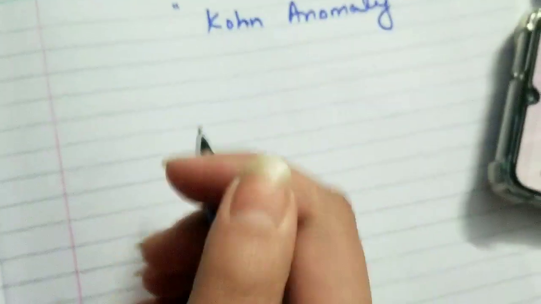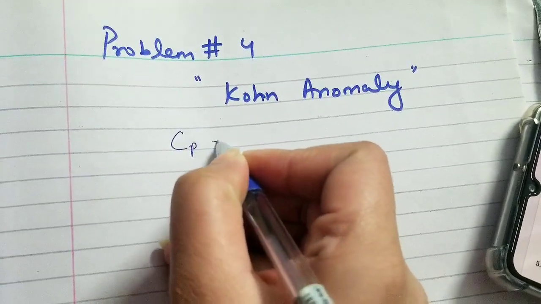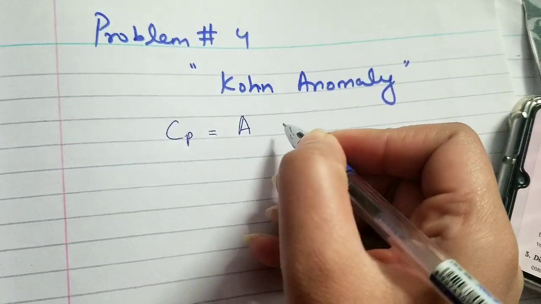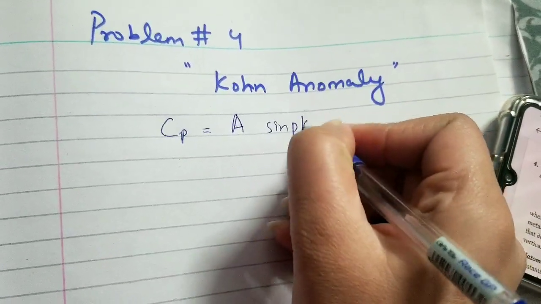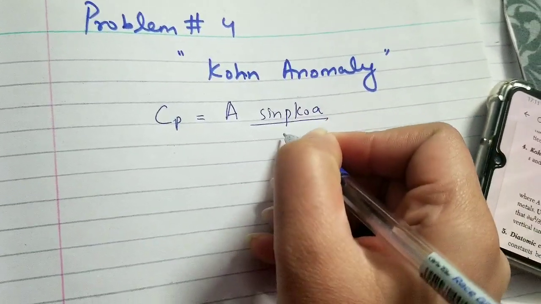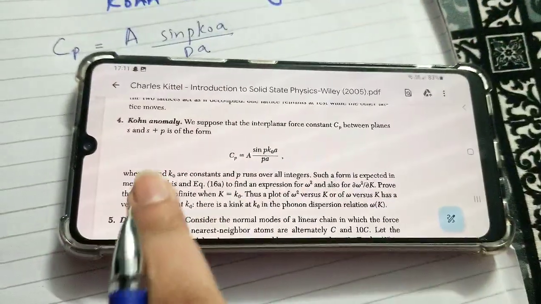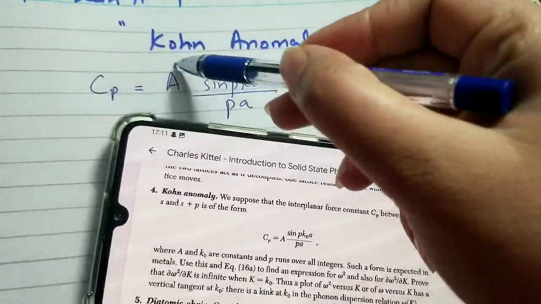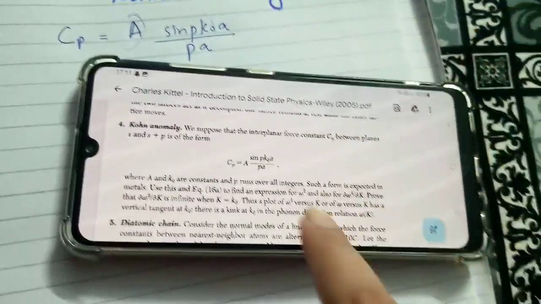Let me write it on the paper, which is the given data: C_p equals capital A, a constant, divided by pa. Here capital A and k_0 are constants. These two are the constants.